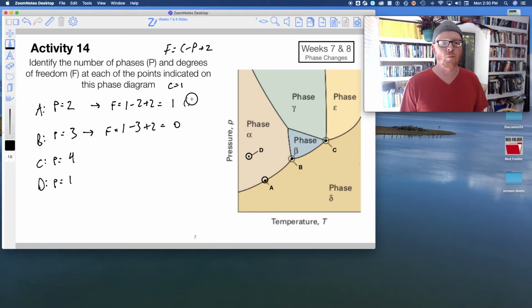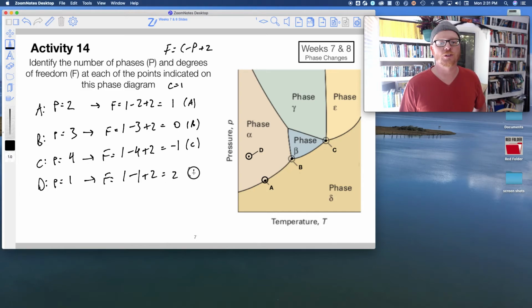What about point C? F equals 1 minus 4 plus 2, and that gives me -1. We'll talk about what that means in a moment. And finally, point D: F equals 1 minus 1 plus 2, and that equals 2.